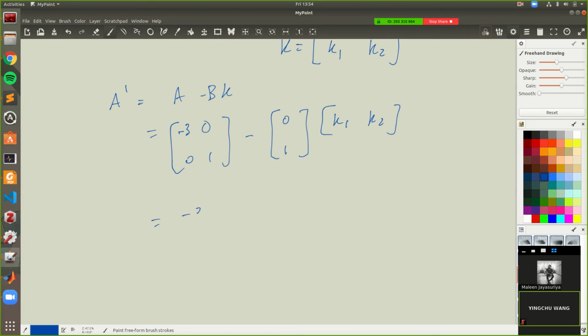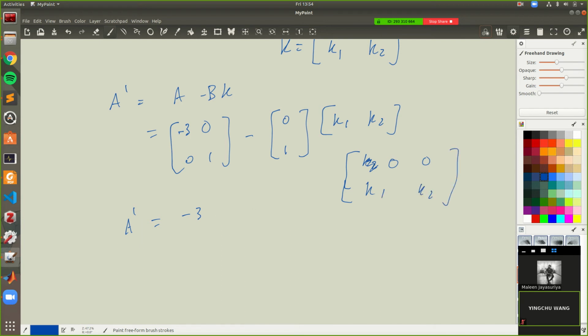So what you get as your new A matrix: 0 times k is 0, 1 times k1 is k1, and so on, so you get the bottom row k1, k2.